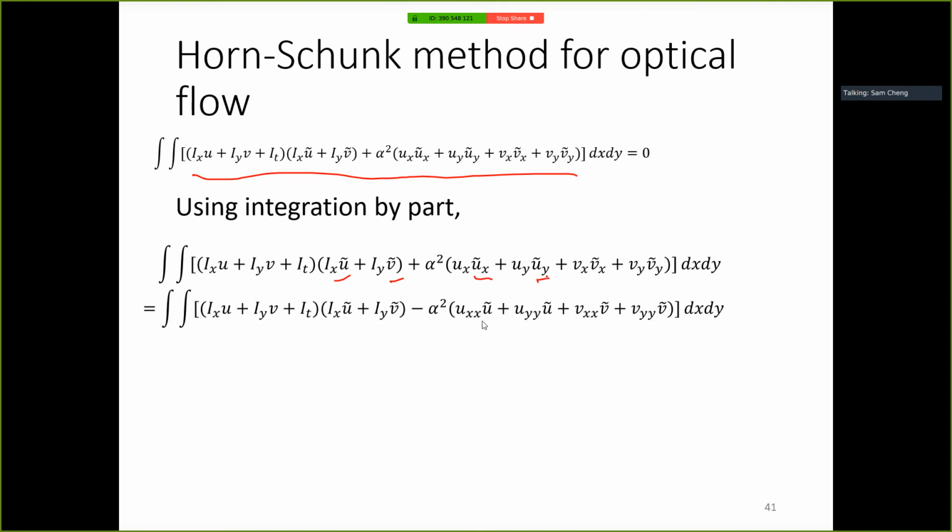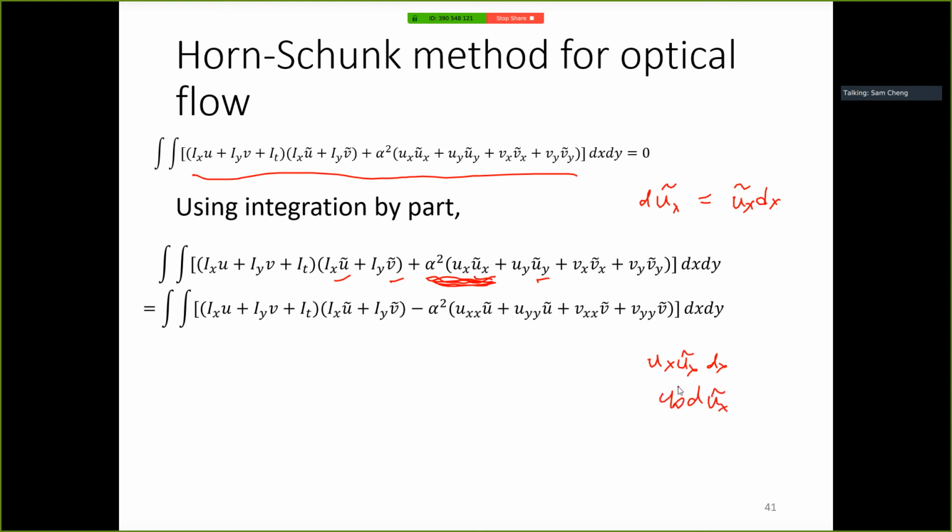So I can first absorb that: I can write ux tilde as d u tilde over dx, which gives me ux tilde dx.